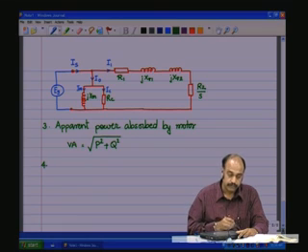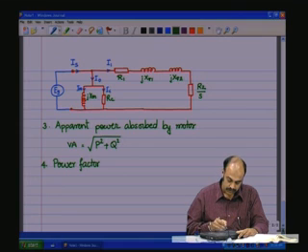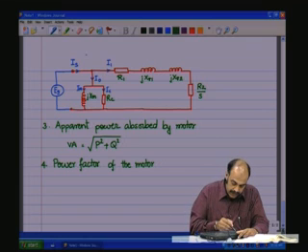Then fourth, what is the power factor? Now the power factor of the motor is actually as seen at the stator, here.